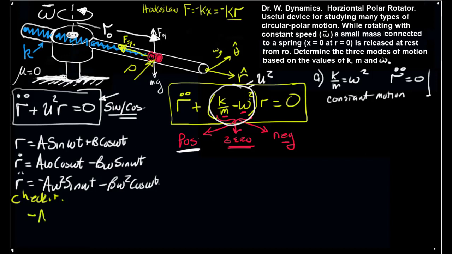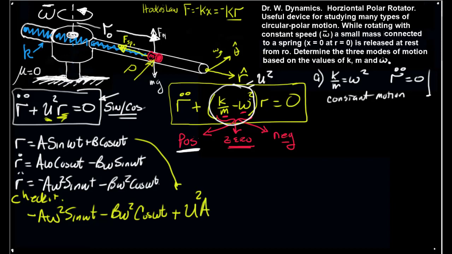We'll have negative A omega squared sine of omega t minus B omega squared cosine of omega t plus u squared times r, so we need that, A sine of omega t plus u squared B cosine of omega t, is equal to 0.